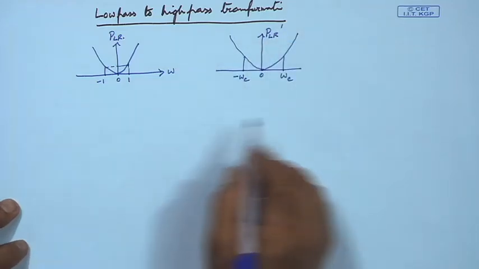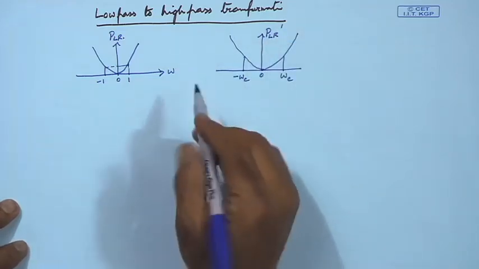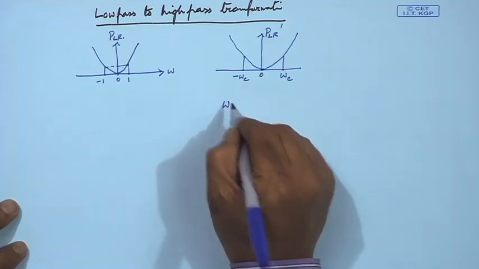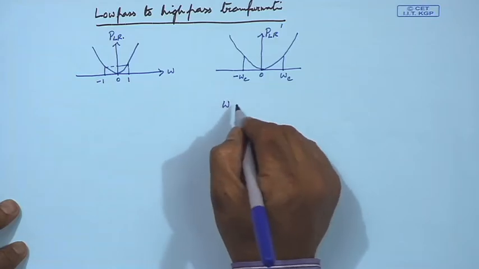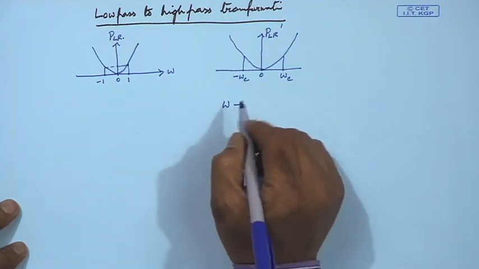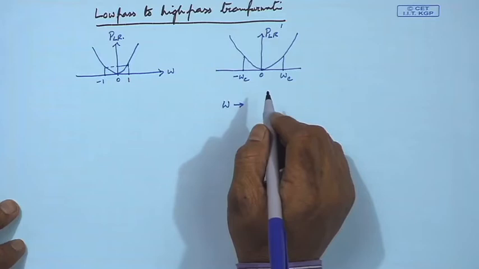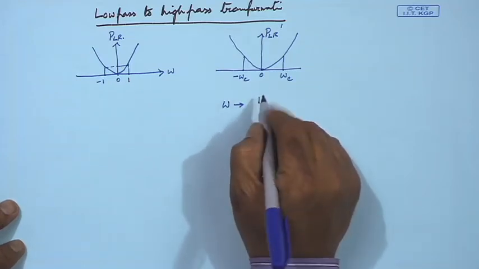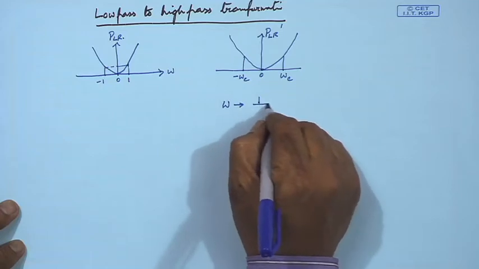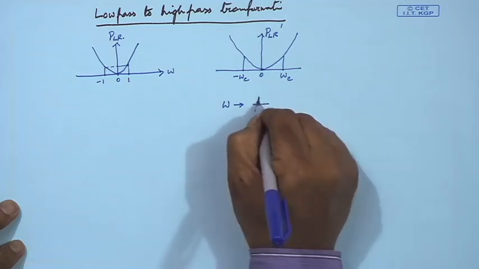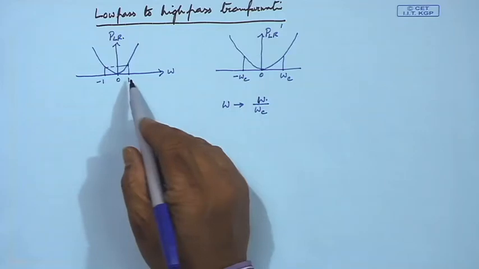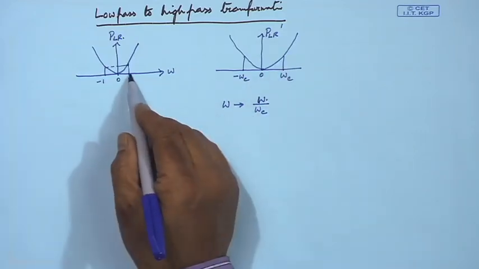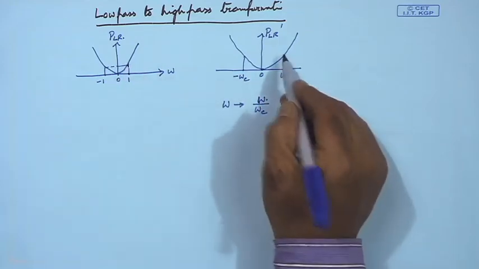Then what I need to do is, we have already seen that if I change omega to omega by omega c, then when omega is equal to omega c, I have 1. So, this point is being mapped to omega c.